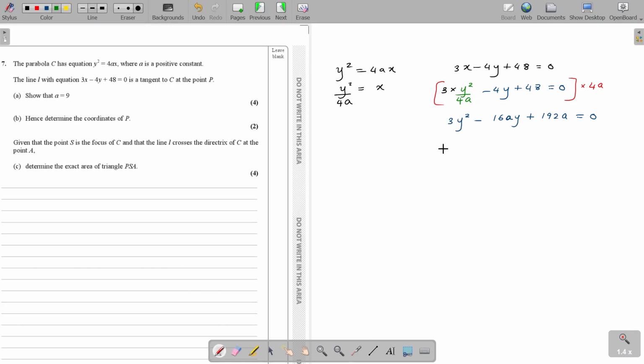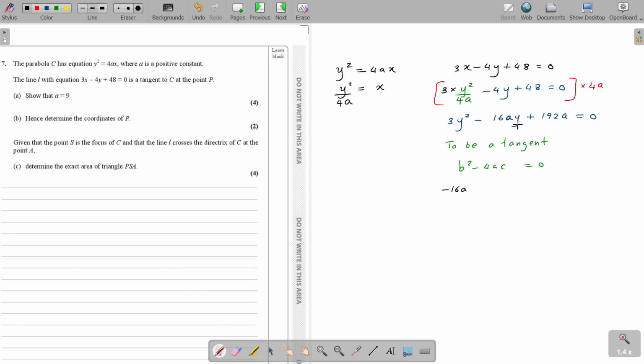So to be a tangent, b square minus 4ac must be equal to 0. Let's input the value. B is how much? Minus 16a, because the coefficient of y is b.